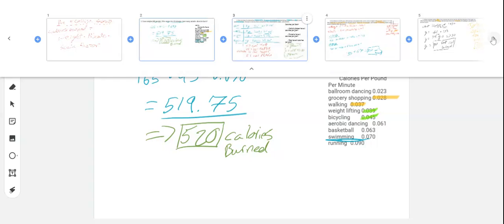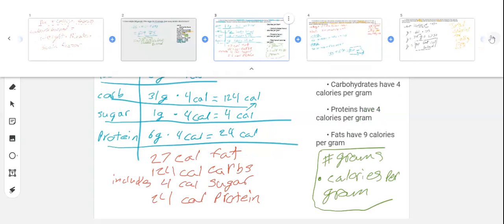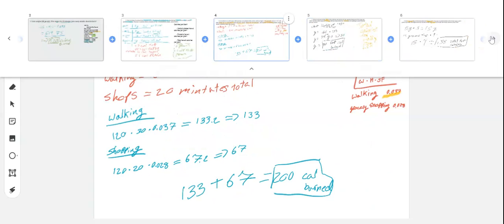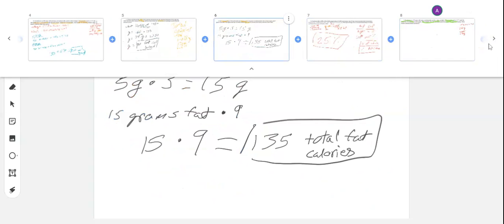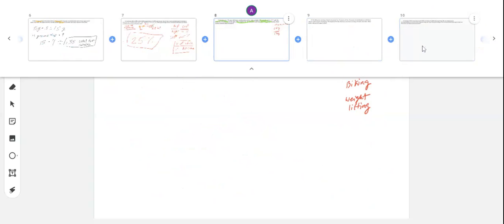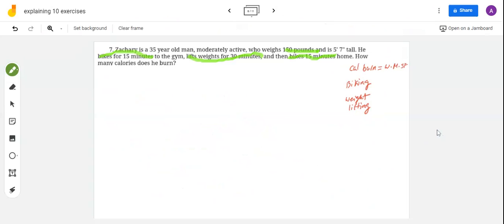So let's go back to our page. Here we are. Keep in mind that the pages do not correspond with what number problem we're on. It's going to be one off, which is why there's 11 slides, but only 10 questions.